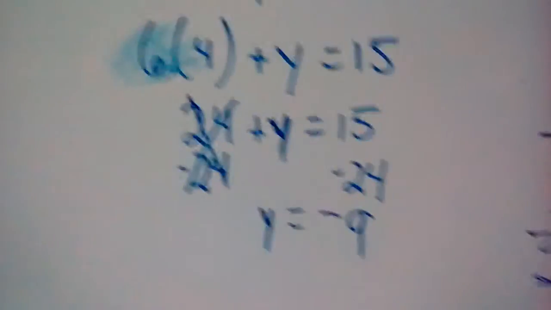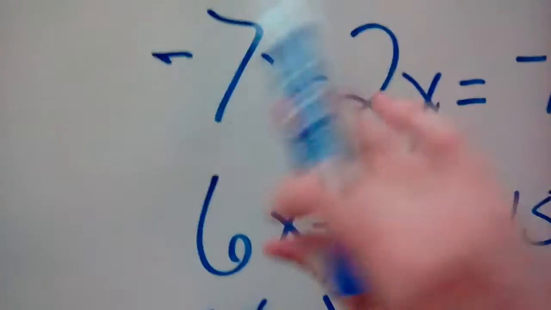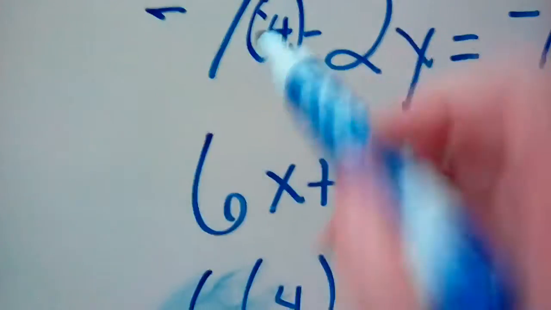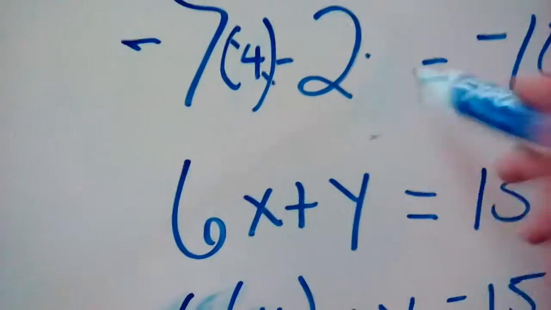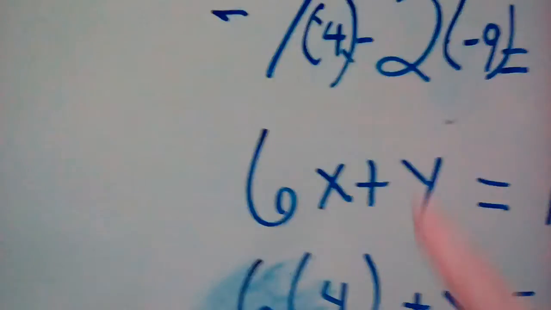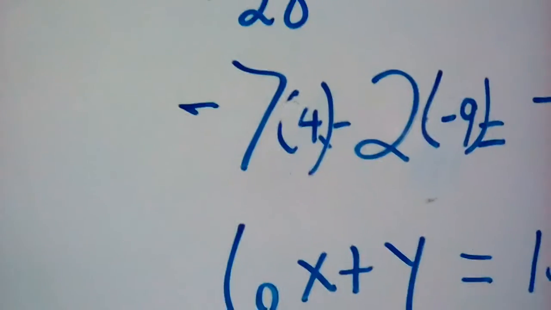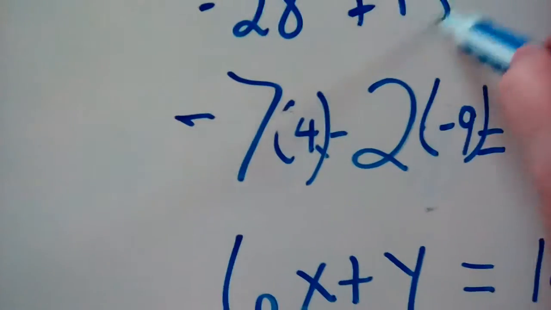Now if I wanted to check my answers, I would do this. Wherever I see an x, I'm going to put a 4, and wherever I see a y, I'm going to put a negative 9. So this would be negative 28 and this would be positive 18, which would make it true, right?